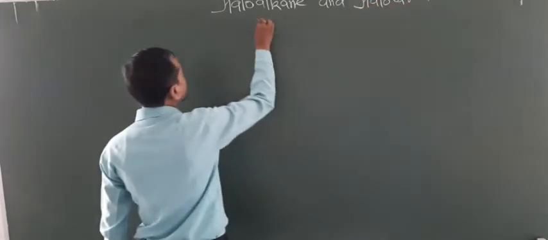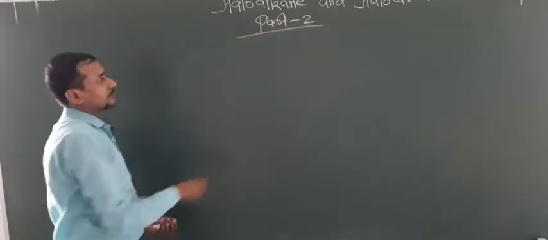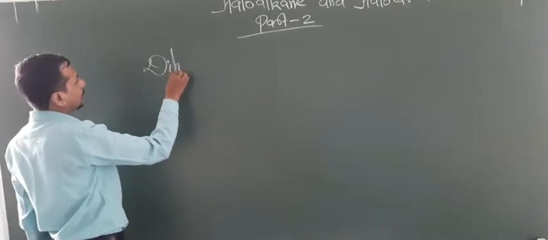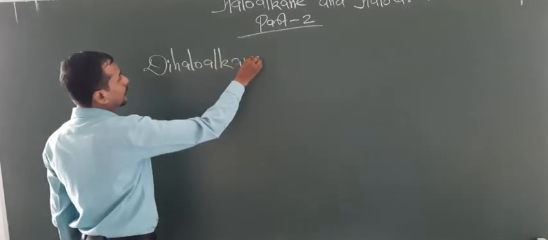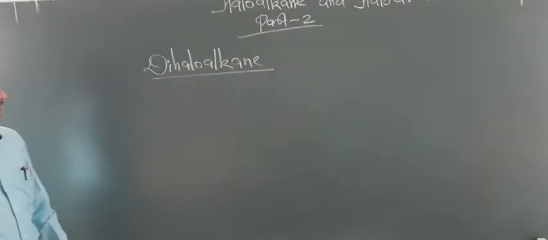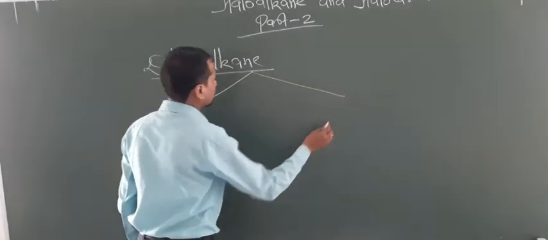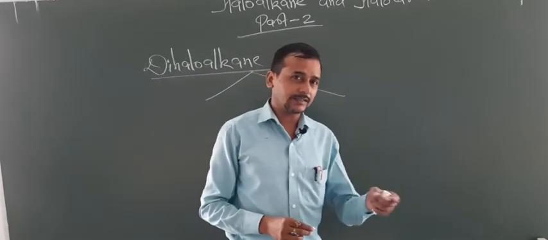So dear students, today I will start part 2. First of all you have to know about the dihaloalkane. Sometimes a question may be asked from the dihaloalkane. It may be classified on the basis of the two halogen atoms attached on the carbon.